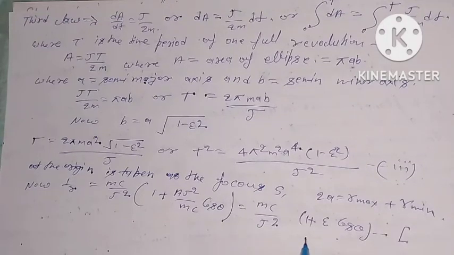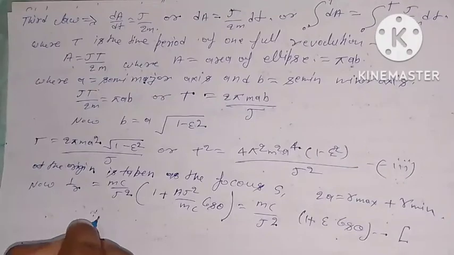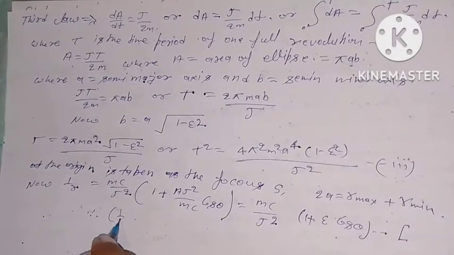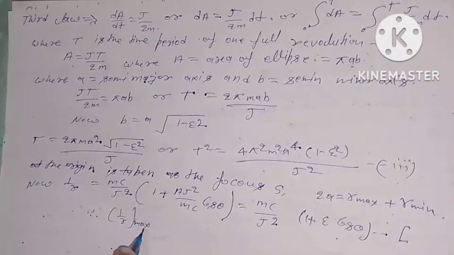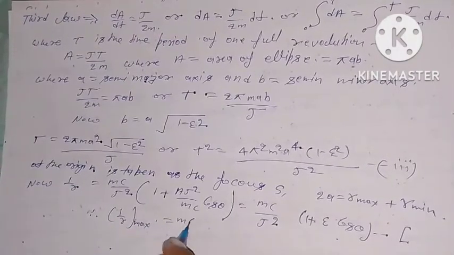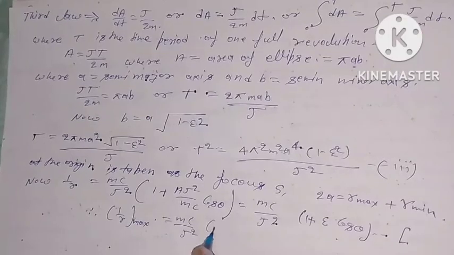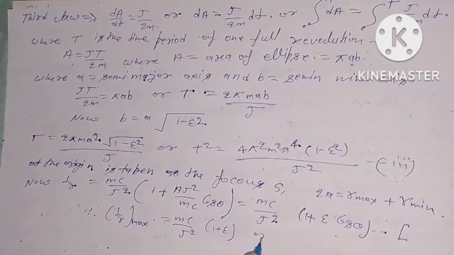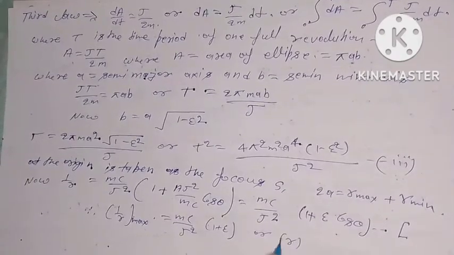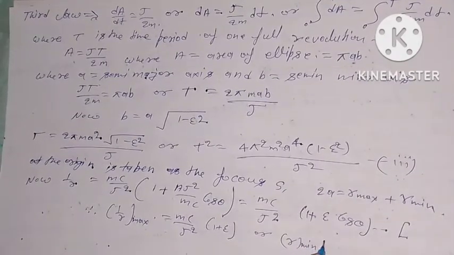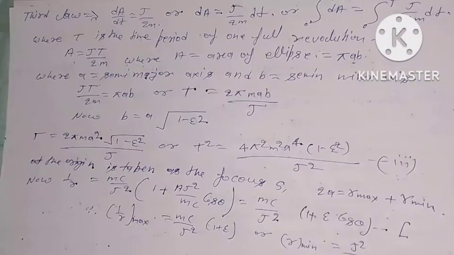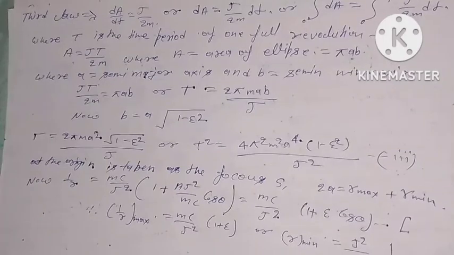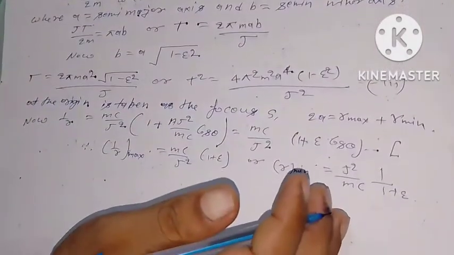So 1 upon r max equal to mc upon J square into 1 plus epsilon, and r minimum equal to J square by mc into 1 upon 1 plus epsilon.